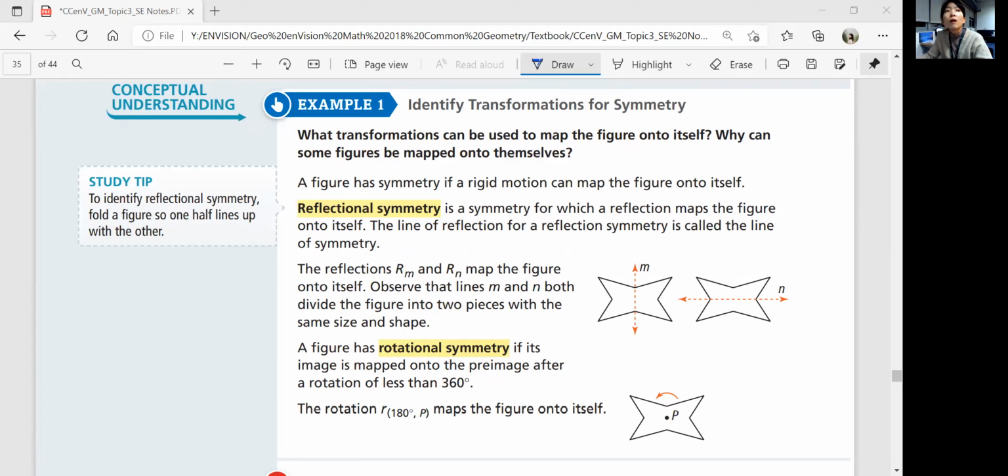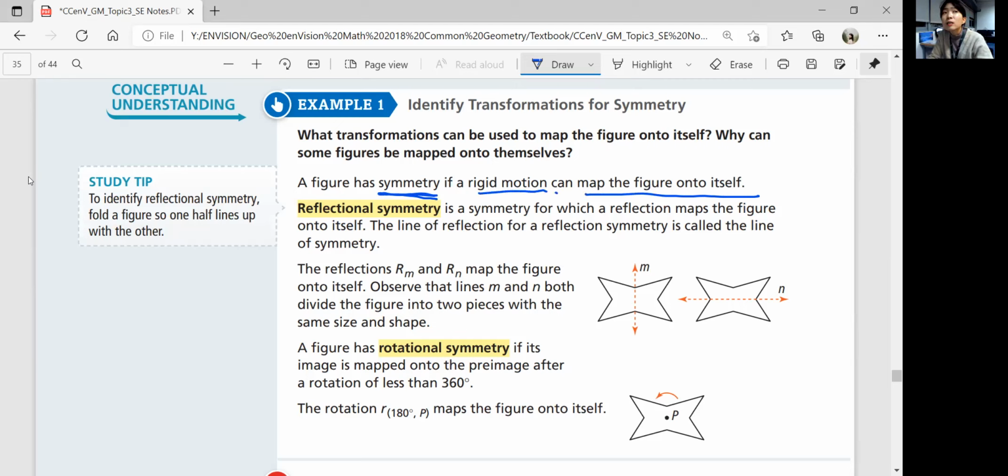Okay. Reflectional symmetry is a symmetry for which a reflection maps the figure onto itself. So first, symmetry is when a rigid motion can map the figure onto itself. It needs to be a rigid motion.